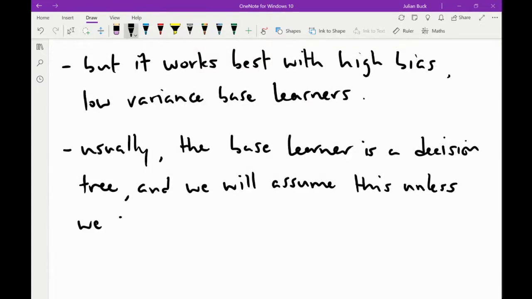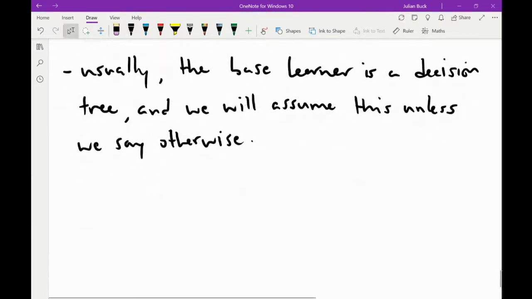What do I mean by this? We'll use tree-specific language at times and mention decision trees explicitly, but a lot of that can be adapted to other base learners. And when we get into the tuning process, we'll have tree-specific hyperparameters that we can tune, which, if you're not using a tree-based model, you either don't have or they're different. Keep that in mind.